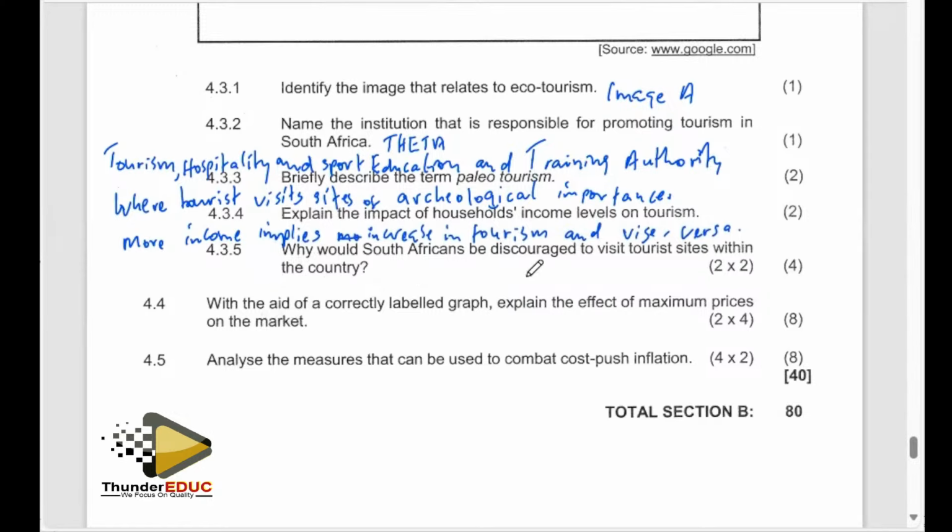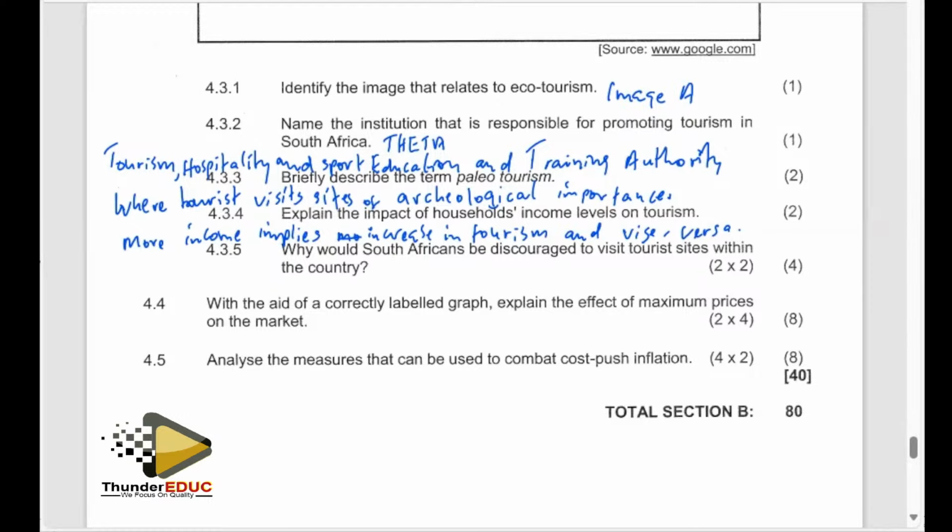Why would South Africans be discouraged to visit tourist sites within their country? It's because some of South Africans are used to those areas. So now the fact that they are used to those areas, they don't see any need for them to visit those areas anymore because they are already familiar with those areas. Also, some of these tourists actually want to explore something new, unlike visiting the same place time and again.